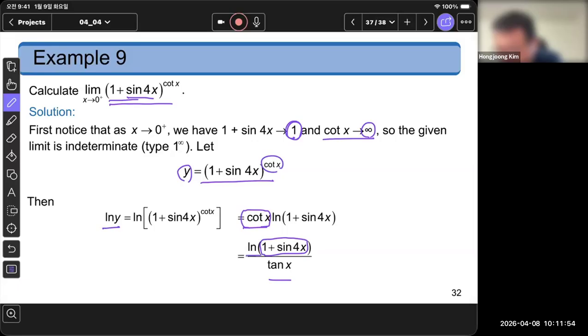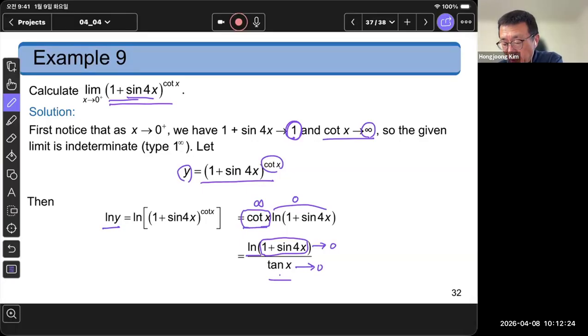So its log will converge to 0. And as x approaches 0, the tangent function also converges to 0. Or in other words, in my previous notation, the cotangent function diverges to infinity while the log function converges to 0. So you have infinity times 0 type.